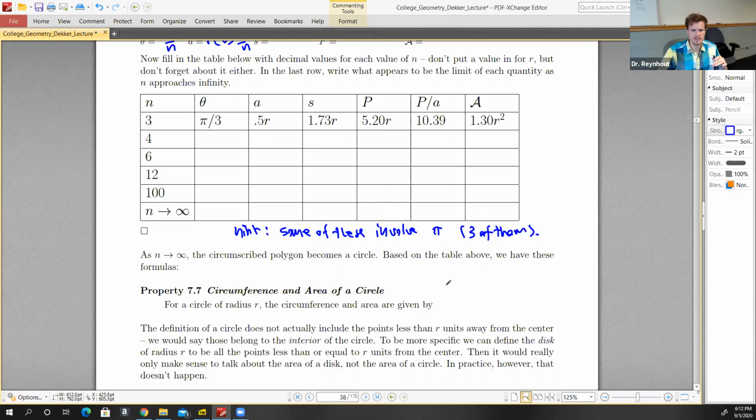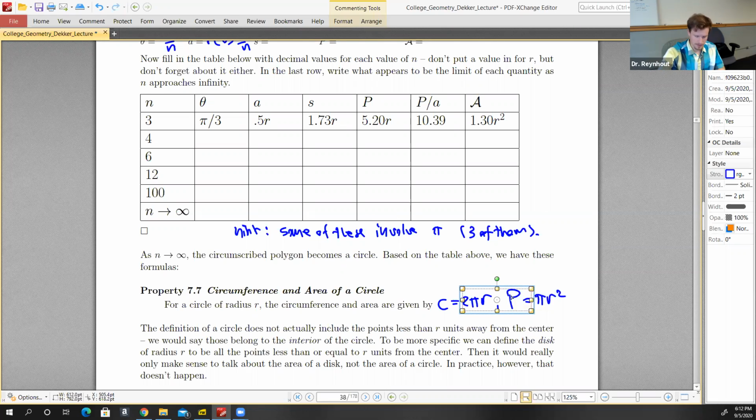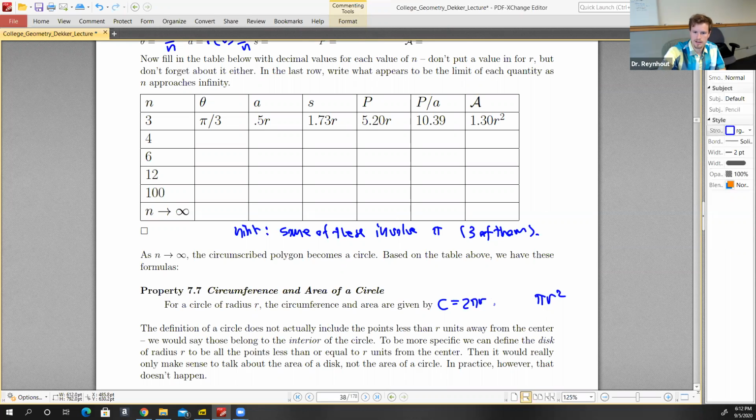So the perimeter gives, as n goes to infinity, the formula for the circumference, which is 2 pi r, and the area is pi r squared. Circumference is 2 pi r, area is pi r squared.